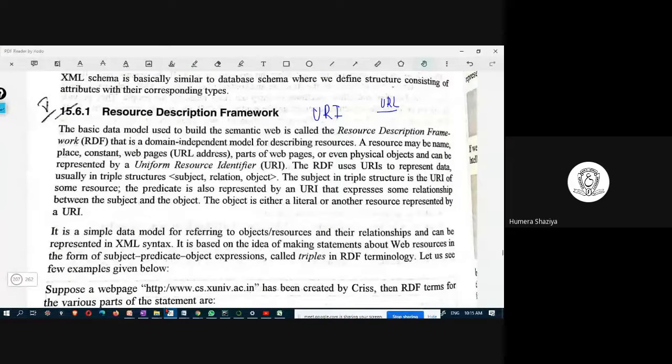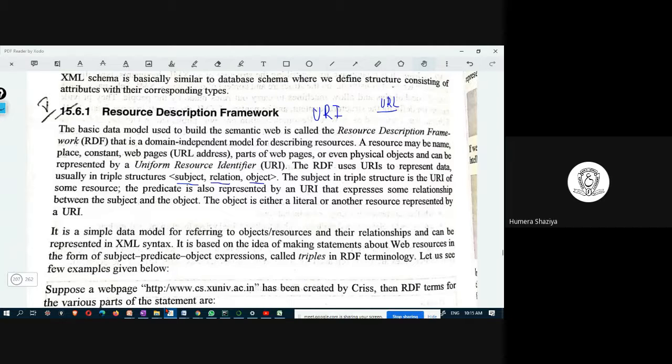This URI includes the subject, the relation, and the object. The subject in this triple structure, this structure is known as a triple structure. This triple structure is the URI of some resource.